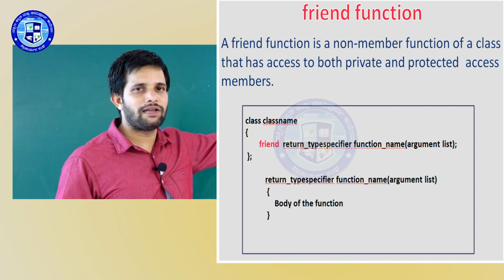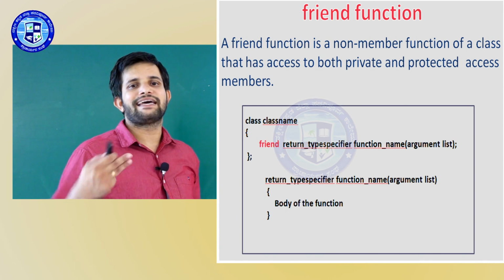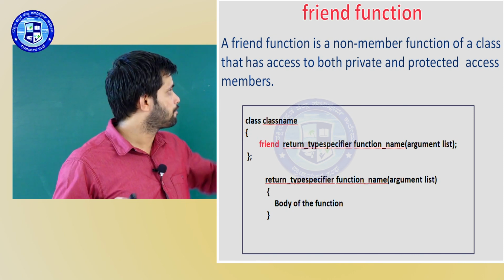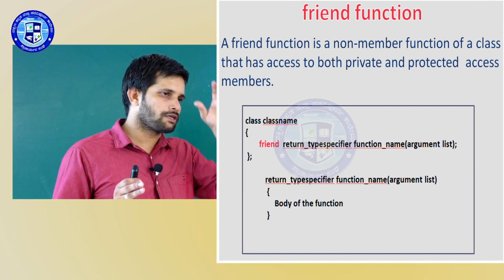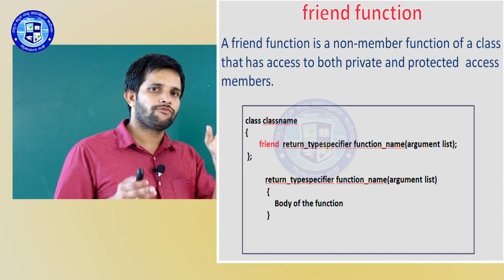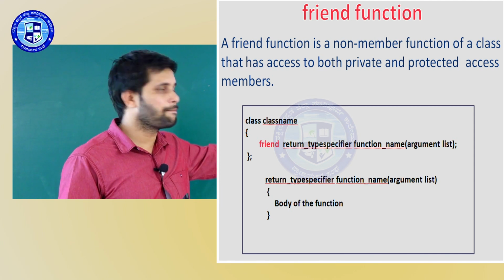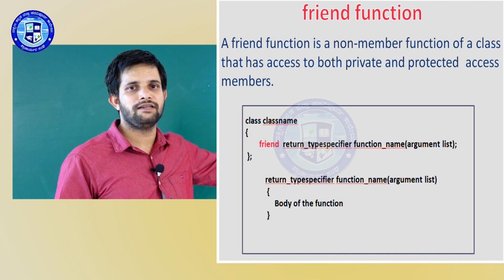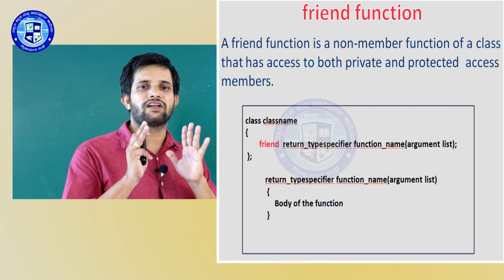And whenever you are calling this particular friend function, you call it directly. In case it is a member function, you are supposed to call it using the object name followed by the member operator followed by the function name. But this is not a member function, it is a non-member function. That is why this function will be called directly like a normal function.